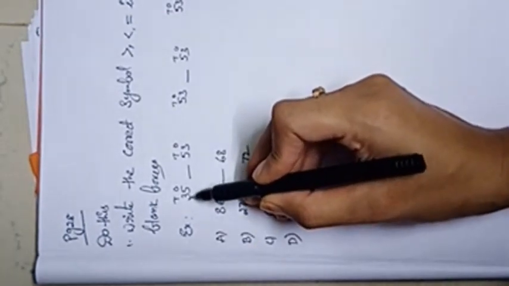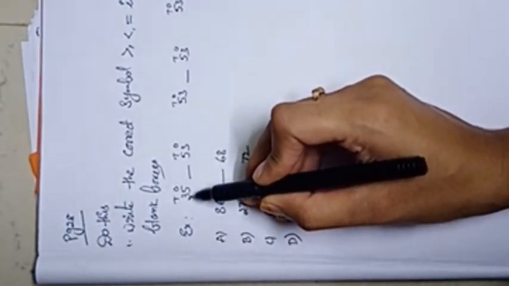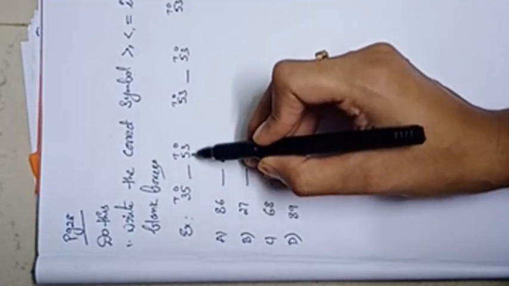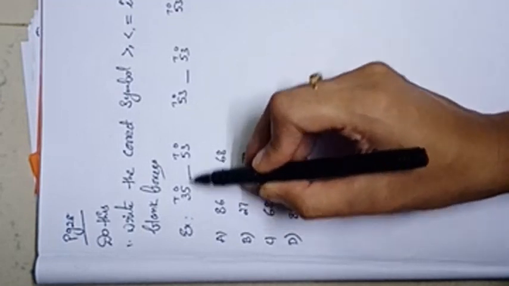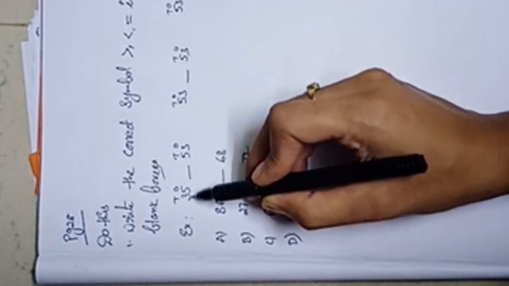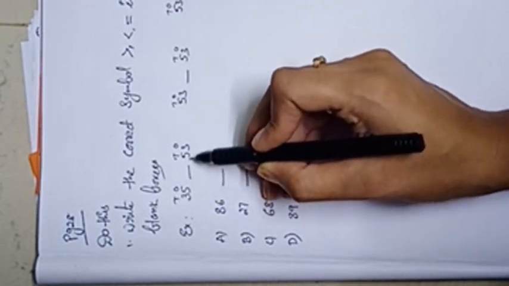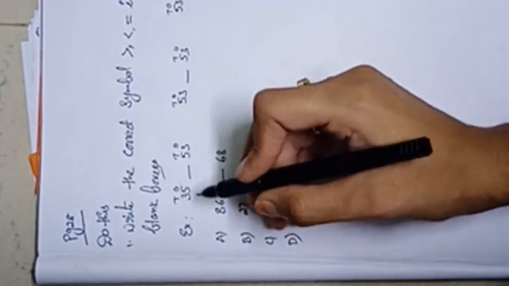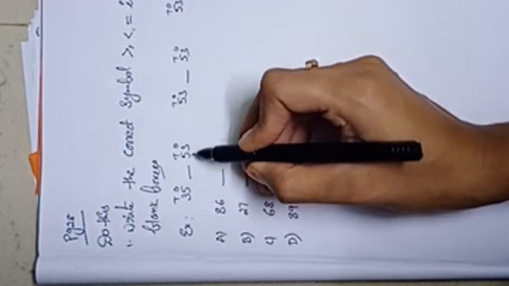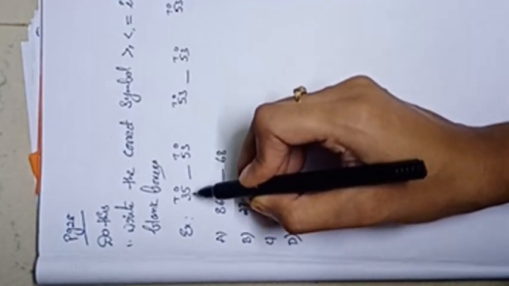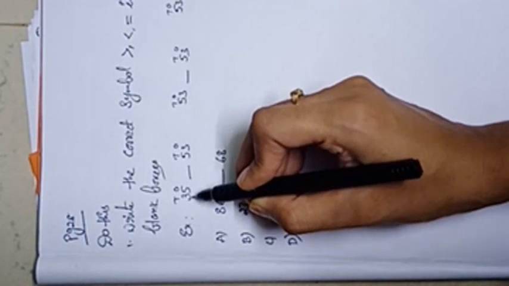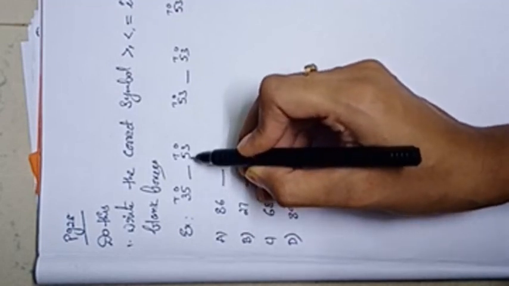So here in tens place, we have 3 on this side, and here in tens place we have 5. So 3 is smaller than 5. 5 is greater than 3. You know very well, 3 is smaller than 5.